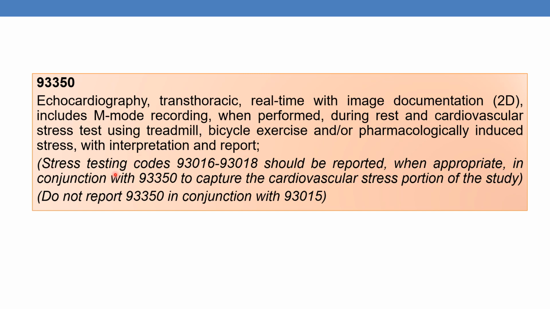And stress testing codes 93016 and 93018 should be reported when appropriate in conjunction with 93350 to capture the cardiovascular stress portion of the study. And do not report 93350 in conjunction with 93015.